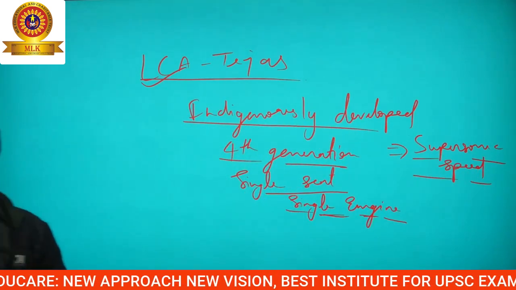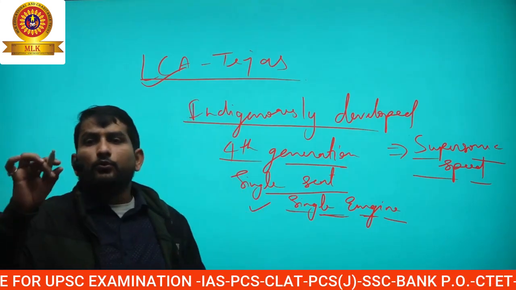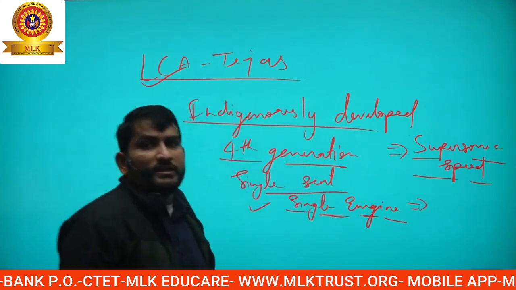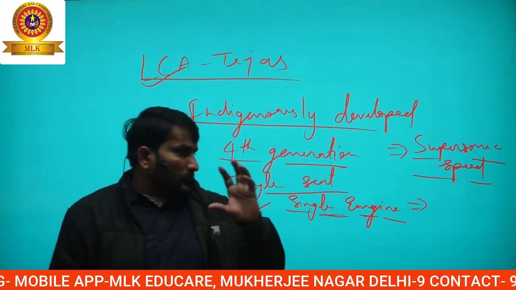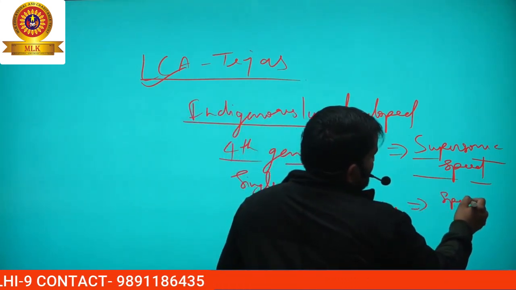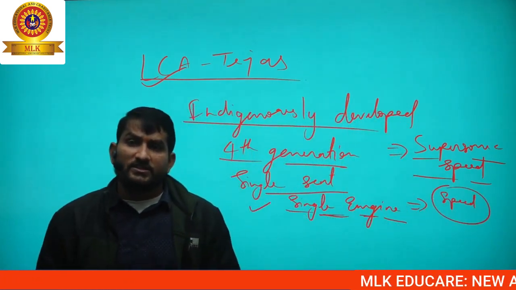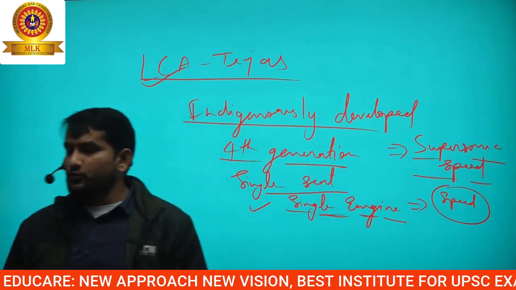Supersonic speed, how much will it be? If you remember, just comment below what the supersonic speed is, or which speed of sound we can consider as supersonic speed. Comment me which speed is called supersonic speed.